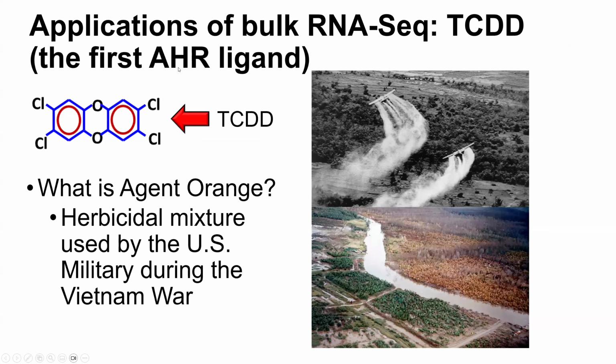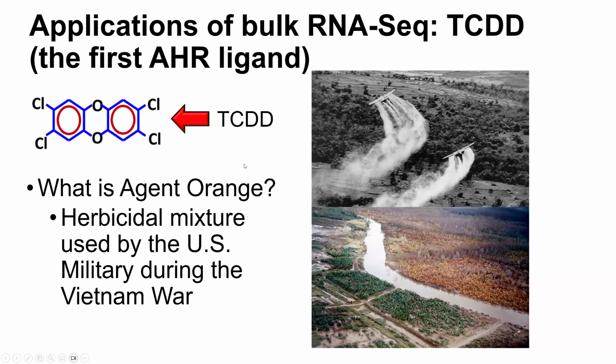Just out of interest, so you can see the flow of this, the first aryl hydrocarbon receptor ligand, again a transcription factor that's activated by a ligand, was an environmental pollutant known as TCDD. To really appreciate this, TCDD was a component of Agent Orange, which was used years ago to defoliate forests during the Vietnam War.